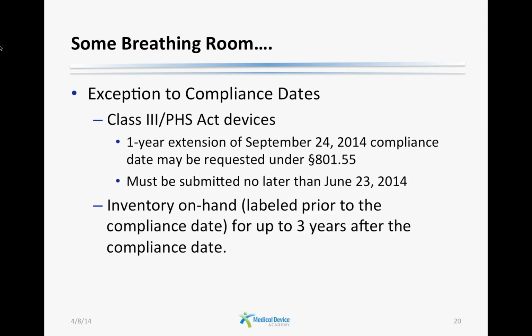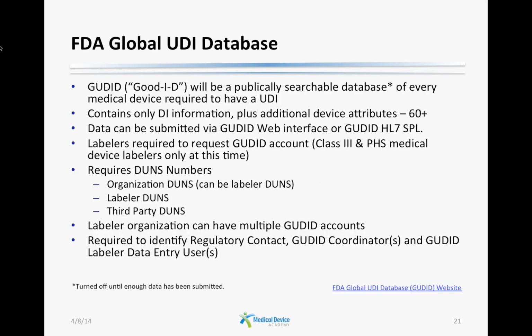Now that you've created UDIs for your devices, what is the next step? The Global UDI Database, pronounced GUDID, is a repository for all DI and labeler information. In order to submit this information, labelers need to request an account through the FDA GUDID website.